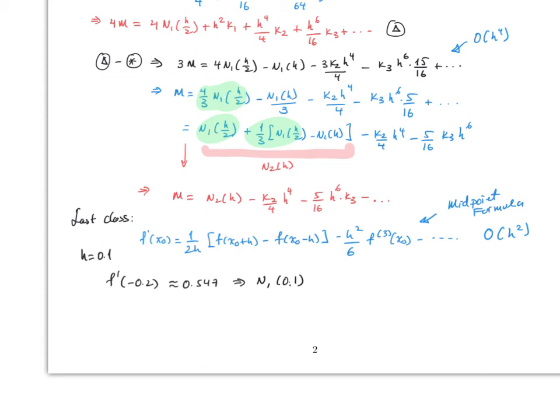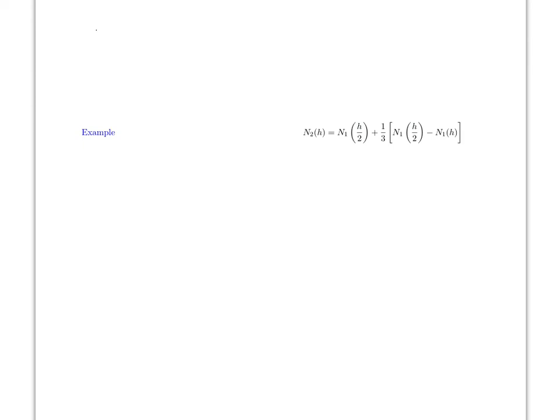So to complete the extrapolation, we still need N1 of 0.05, because h has to be divided by 2. So we will do that in the next page. Right, so remember that we're using the midpoint formula, which is the following: 1 over 2h times f of x0 plus h minus f of x0 minus h. Okay, so that's what we're using.